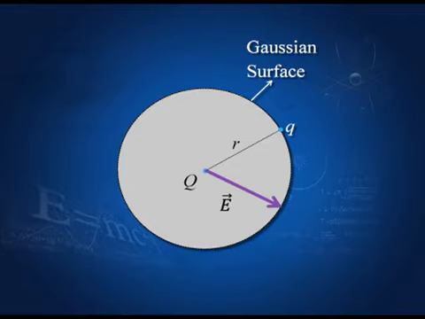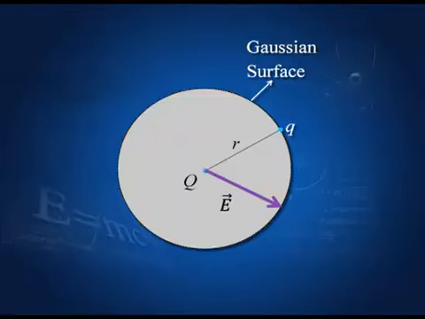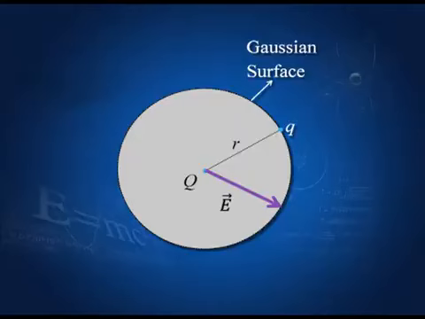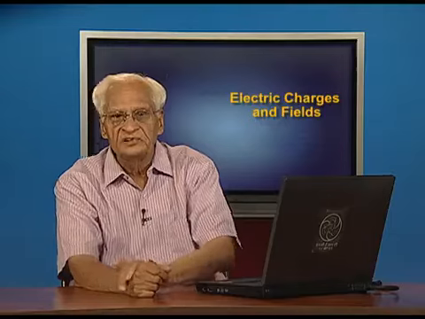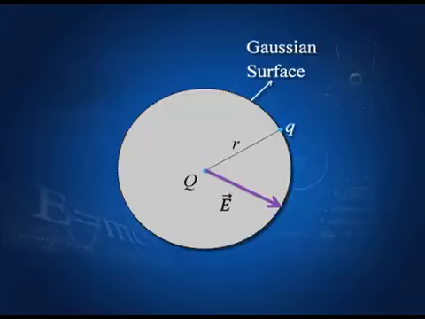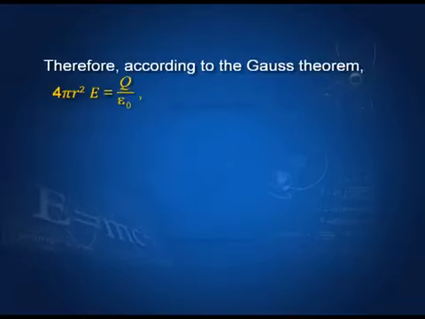For that purpose, we have a sphere once again of radius r, and we have a charge capital Q inside this surface, and we have a small charge q at this surface. Since the sphere has spherical symmetry, with the charge Q at the center of the sphere, the field is radial, and the flux through the sphere is 4 pi r squared, that is the surface area, times the magnitude of the electric field.